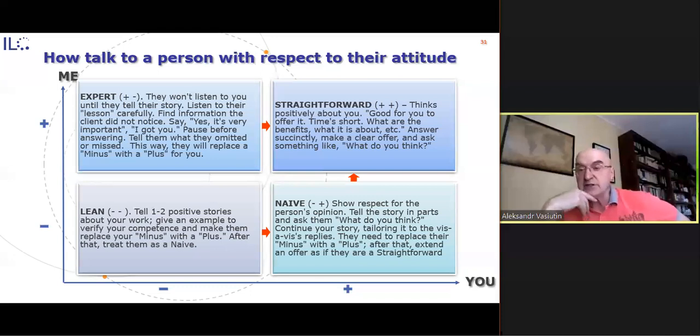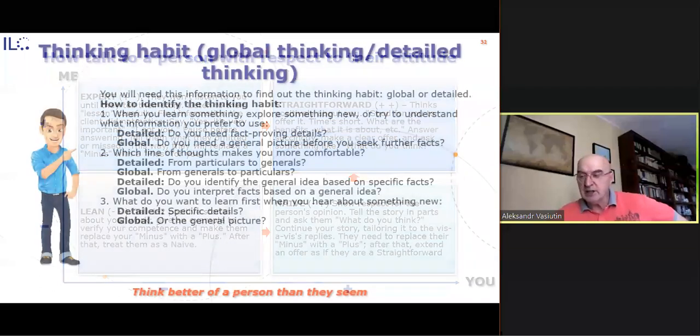And when he gives you a plus and starts smiling, then he is listening to you more attentively. And then you ask him, what do you think about some simple things? And this way, from this reserved person, you transform him into the trustful person and then into the straightforward. It could be done very quickly after 2-3 phrases or after 3-4 phrases, a bit longer.